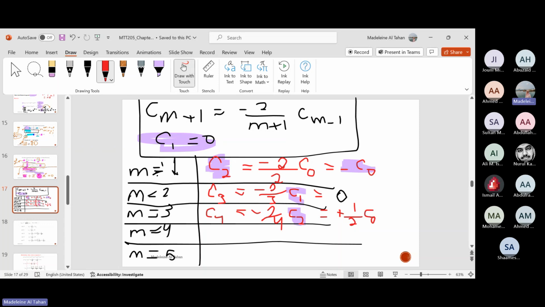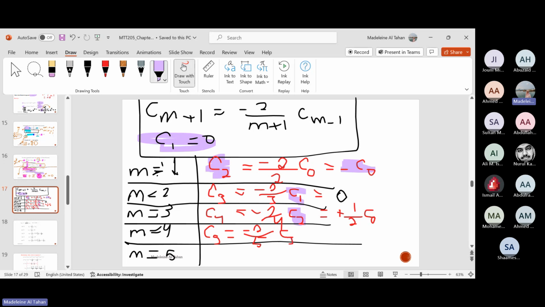So what do you mean by this one, miss? It means that we need to write all the c_i's in terms of c0. At m equal 4, what will happen, miss? c4 plus 1 is c5 equal negative 2 over 5 c5 minus c4 minus 1 is c3.